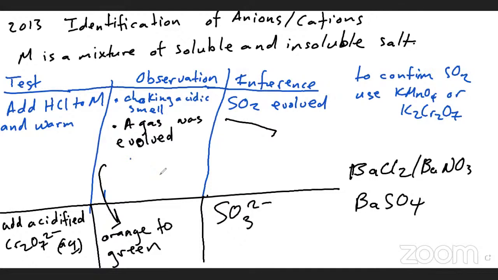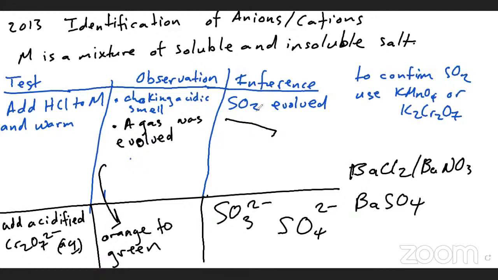Now you have SO2 and you have SO3. For this, you must know the difference between sulfite and sulfate. These are the two ions for this section that you must know. You have SO2, SO3, SO4.